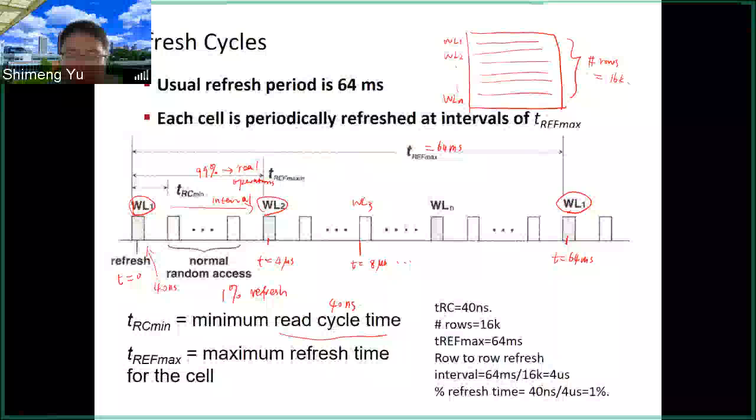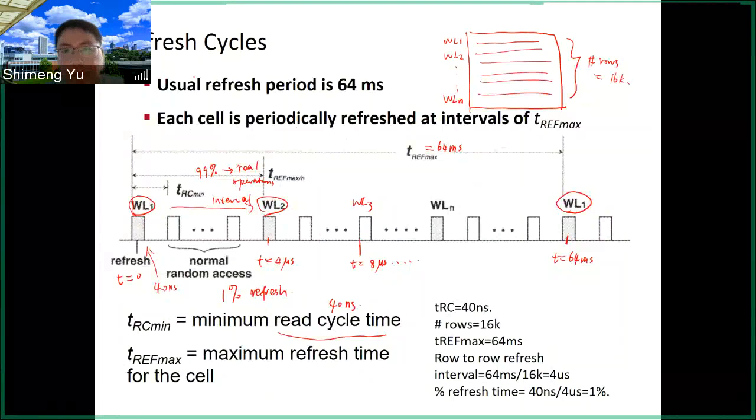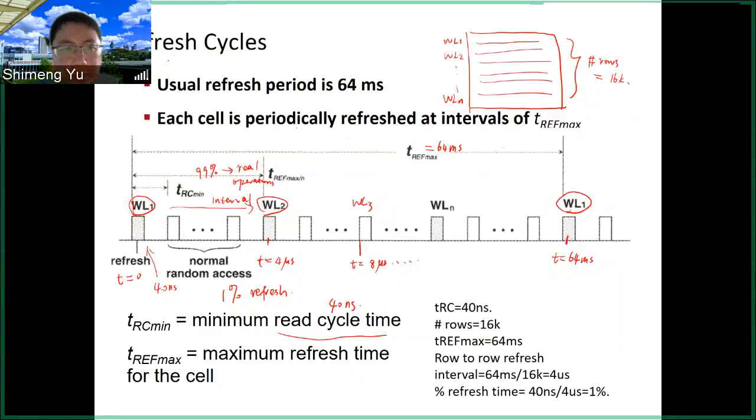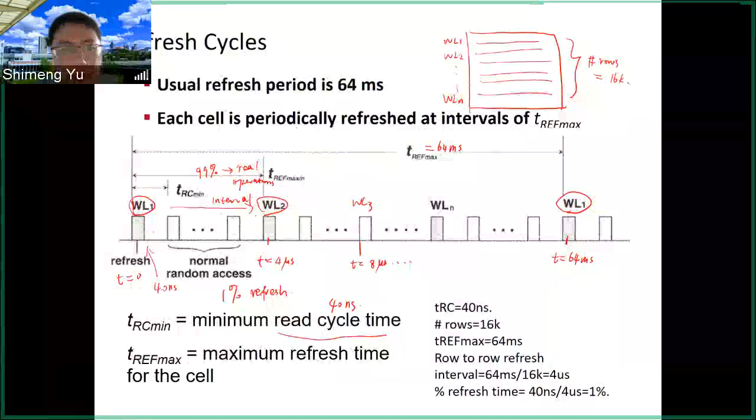So this is how we look at the refresh. And this is a unique feature in the DRAM. The refresh is not what we desire, but we have to do it. Otherwise, the data will be lost because of the leakage.